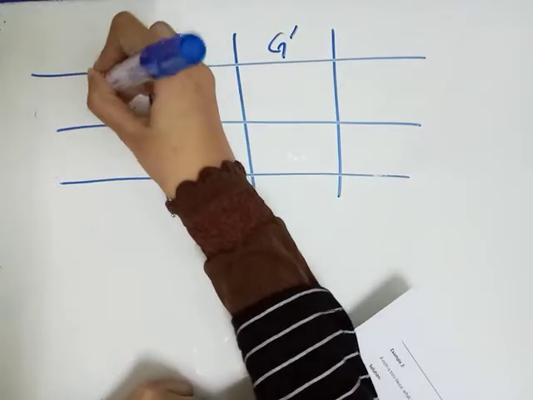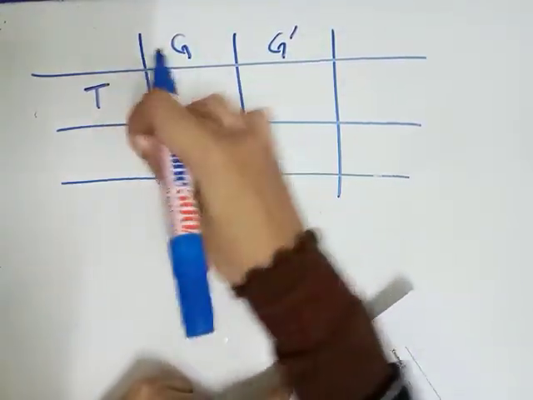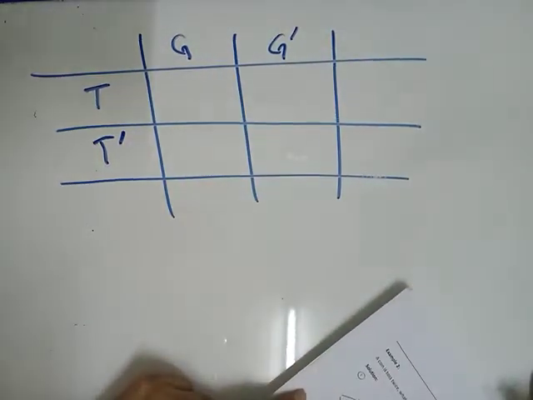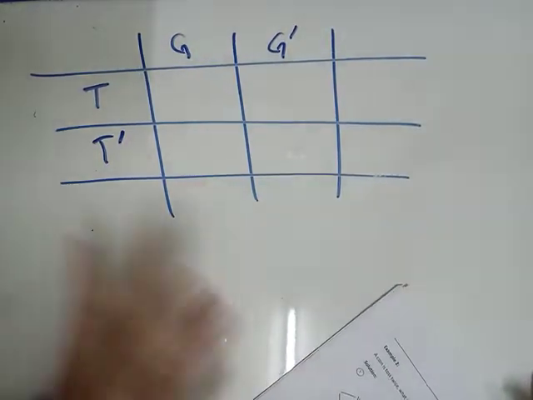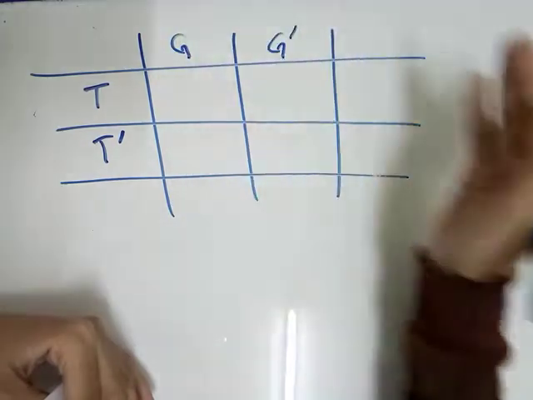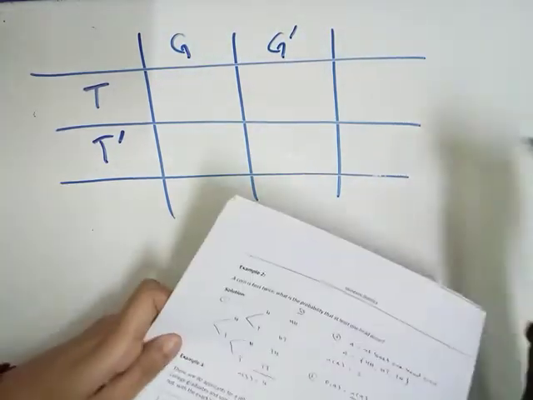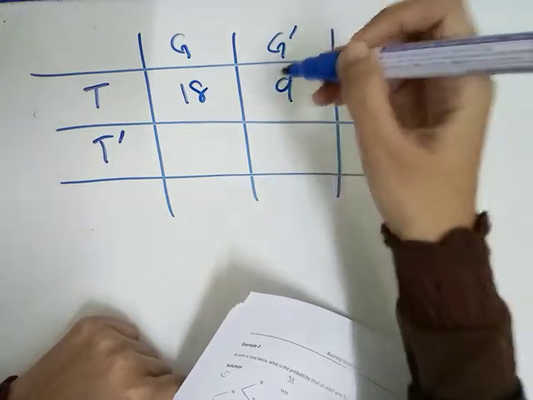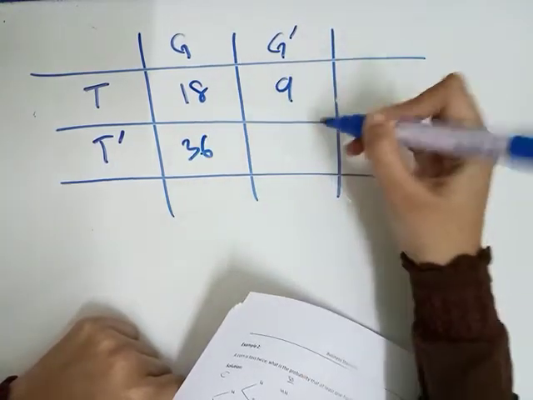And then kita letkan T sebagai at least 3 years experience. So less than 3 years experience kita letkan sebagai T prime. Walaupun dalam soalan dia tak bagi tahu, kita letkan untuk opposite dia. And then this is data yang dia bagi: 18, 9, 36, 27.